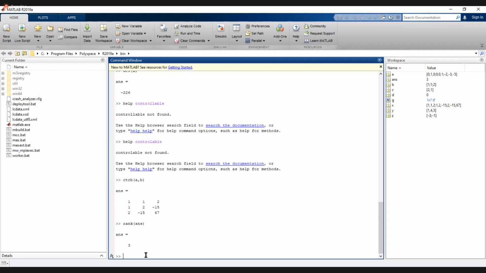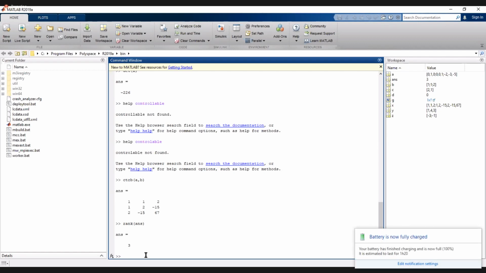Especially when you have a big matrix to work with. I've seen people working with a 201 by 201 matrix. So you don't really want to do B, A B, A squared B, and so forth, going down the line.